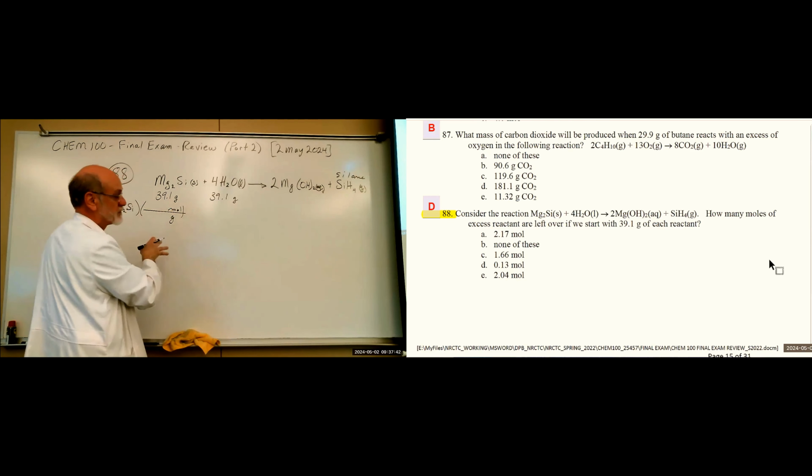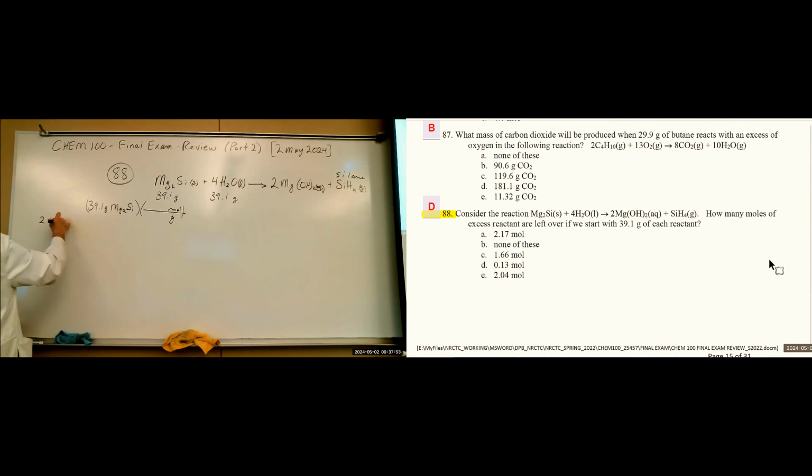That means molar mass. So what's the molar mass of magnesium silicide? Let's see, 2 times magnesium, which is 24.31. And then 1 silicon, which is 28.09. So 2 times 24.31 and then 28.09.